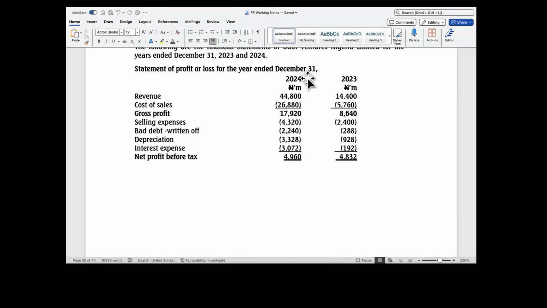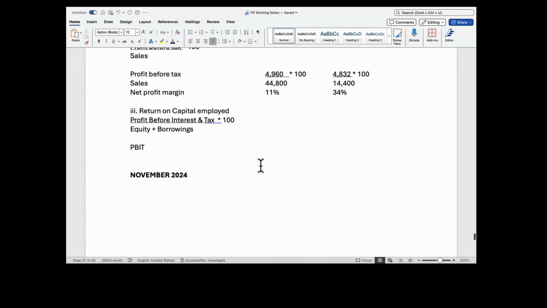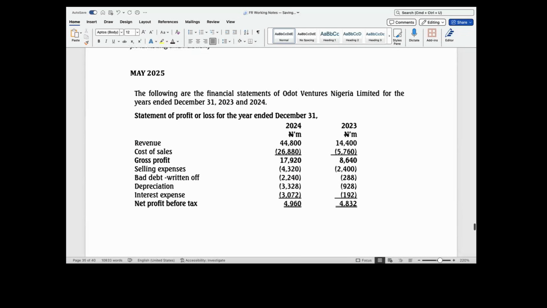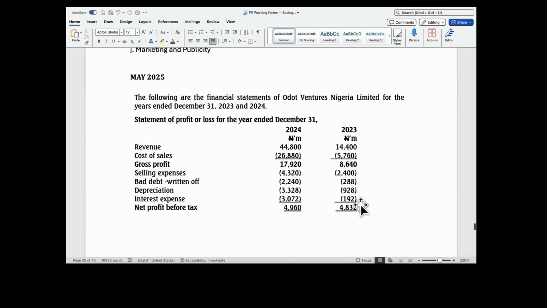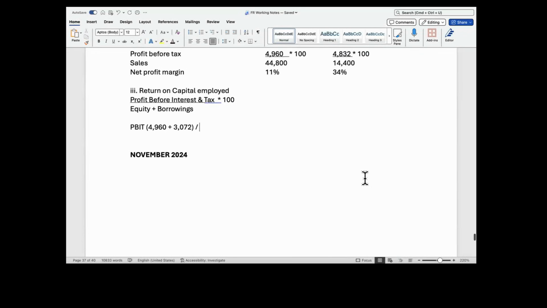So in 2024, our PBIT is 4,960 plus 3,072, and in 2023 it is 4,832 plus 192.